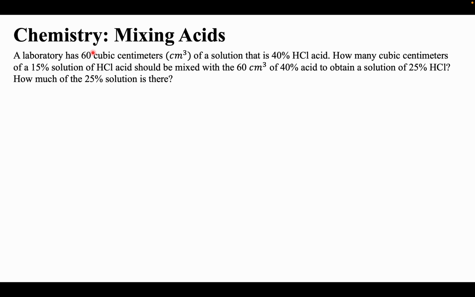So we know we have 60 cubic centimeters of this 40% solution, but we don't know how much of this 15% solution we have. Here's a table. We're going to let X be the amount of that 15% solution of HCl acid.